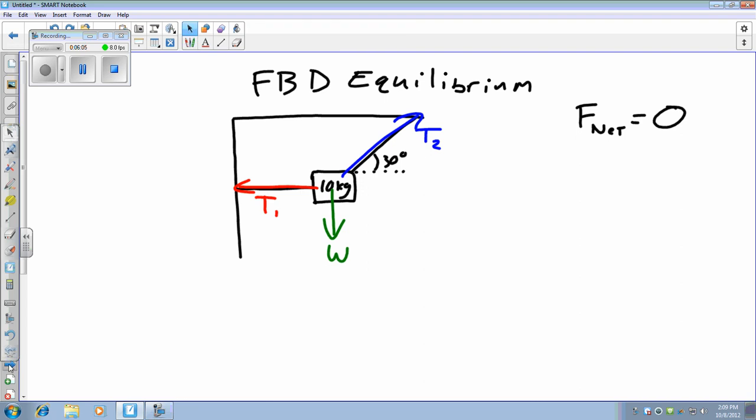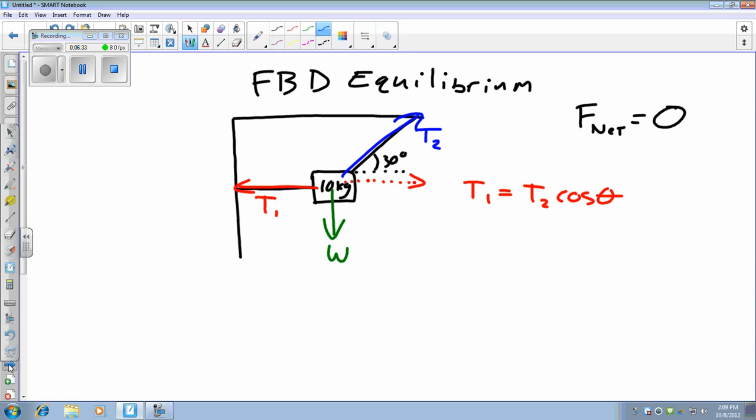Now, I put numbers in here, but I'll try and do this without numbers. What I think you'll see is that this component of tension 2 has to balance T1. So T1 equals T2 cosine theta.